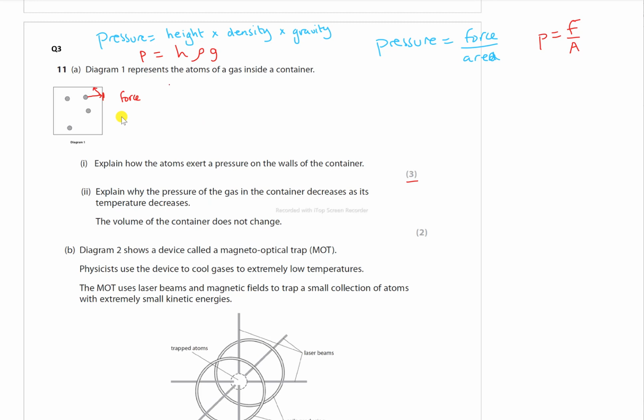Right. So we need to write down the atoms or molecules or particles collide with the walls of the container.